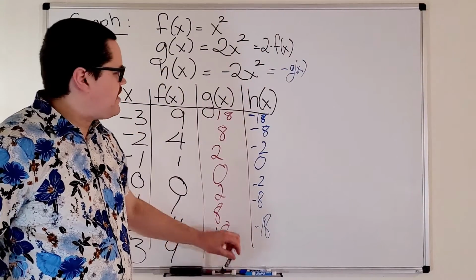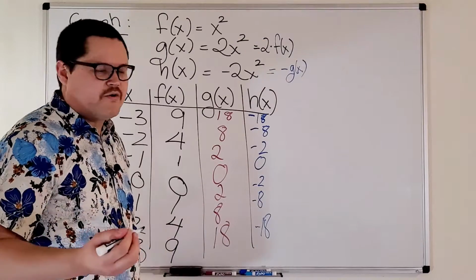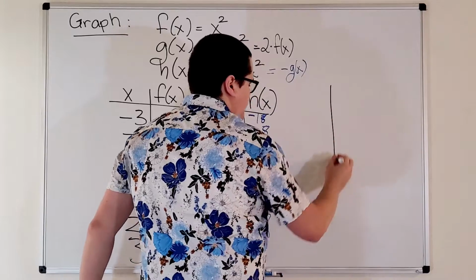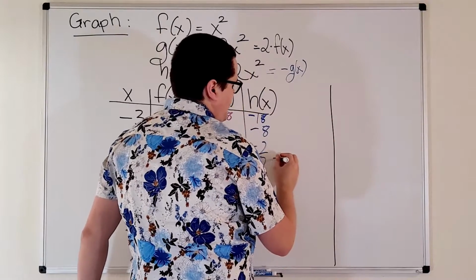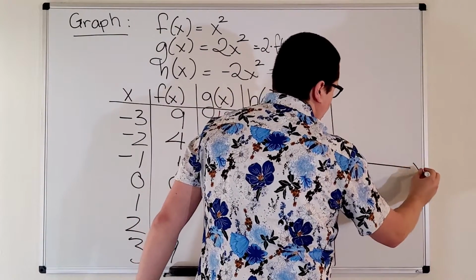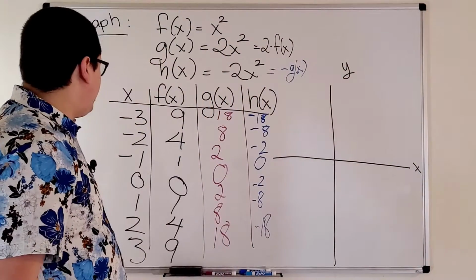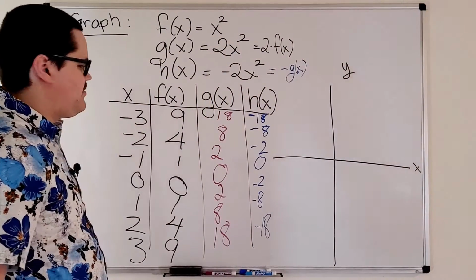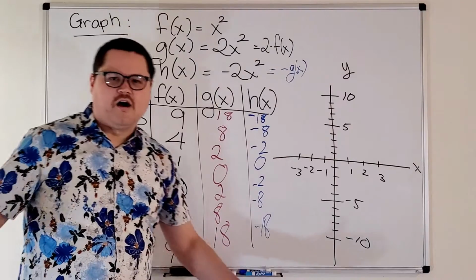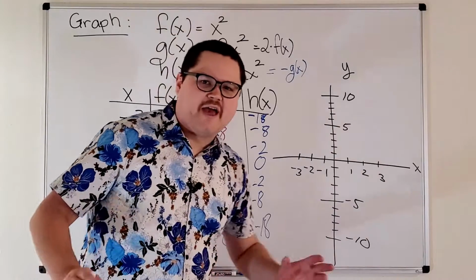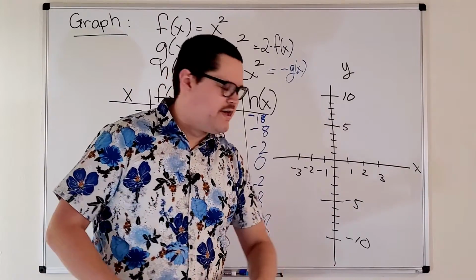on to graphing. I'm going to draw my xy coordinate system. And we really only care about the values between negative 3 and 3. All right, time to graph this thing. Remember, we're graphing pairs, x comma y.